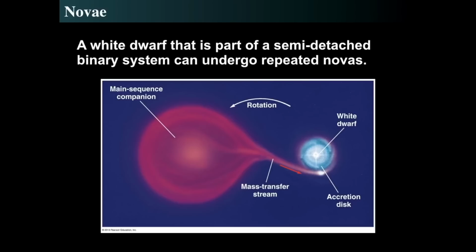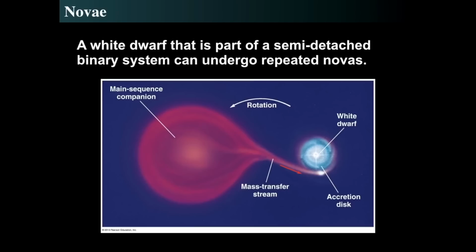And then if the matter on the near side to the white dwarf is close enough that the gravitational pull of the white dwarf is greater than the gravitational pull of the rest of the main sequence companion, then the matter can fall off there and go towards the white dwarf.